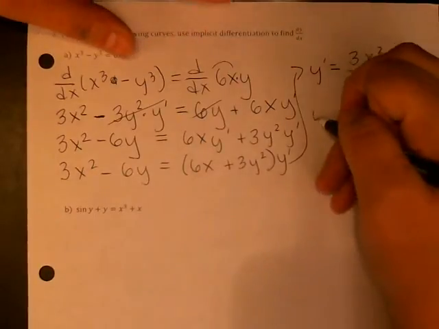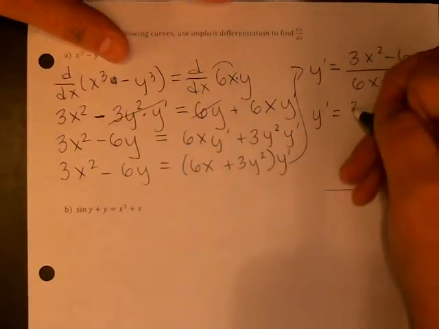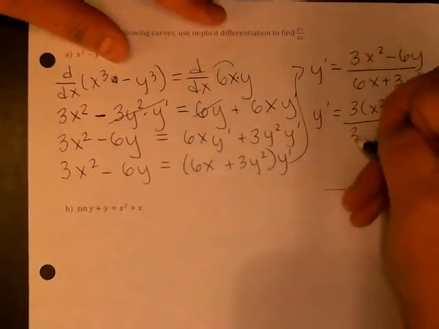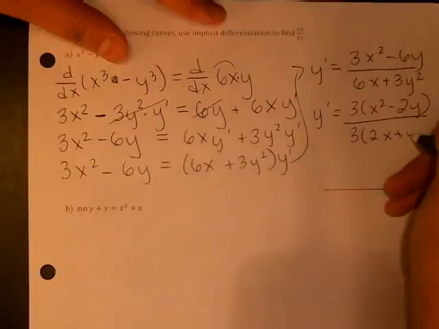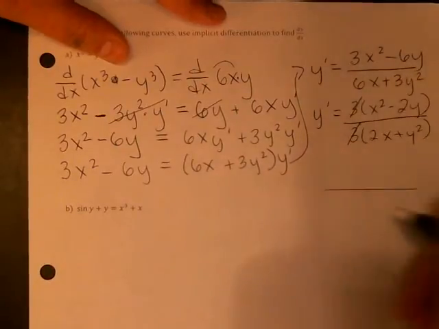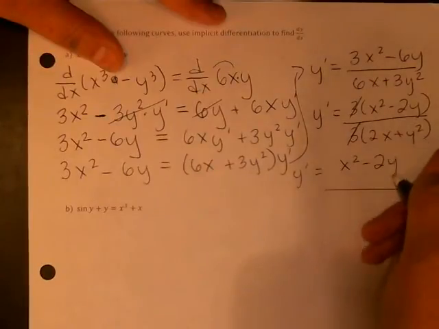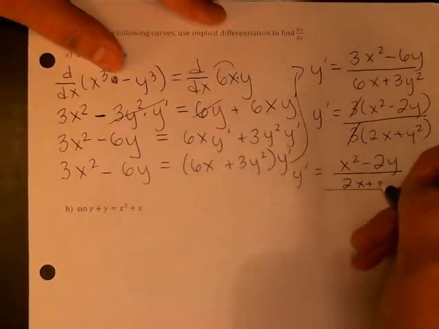And then I'm going to go ahead and factor that 3 out and cancel it. Okay, so 3 is gone, and my answer is x squared minus 2y over 2x plus y squared.